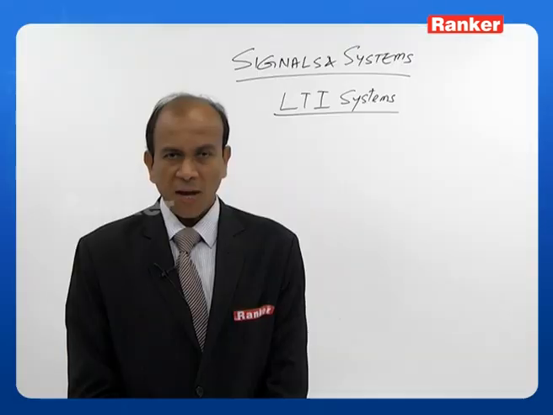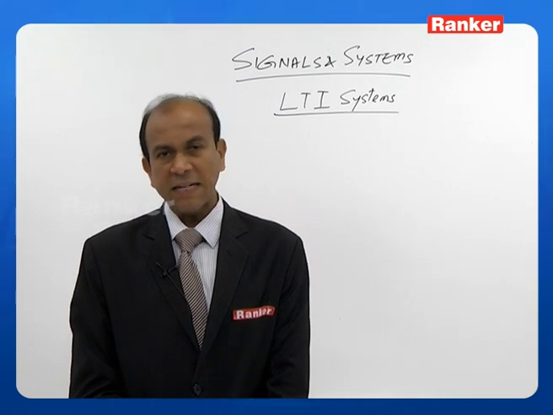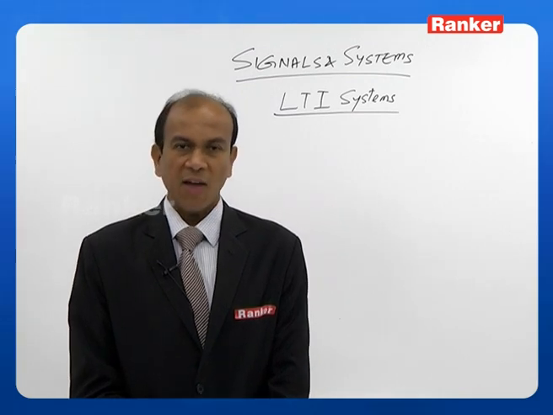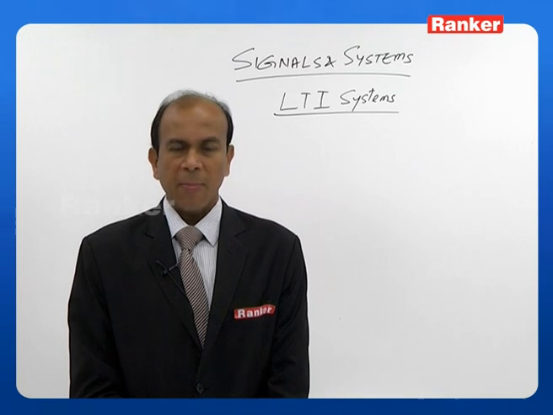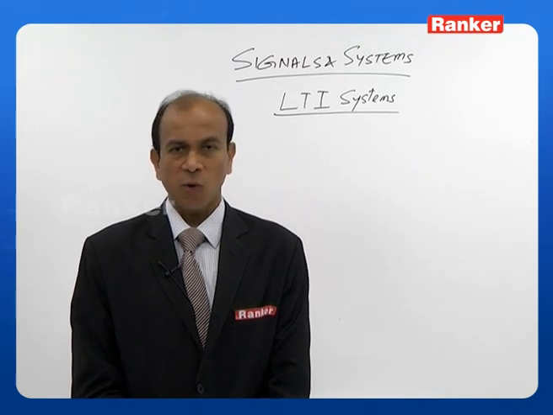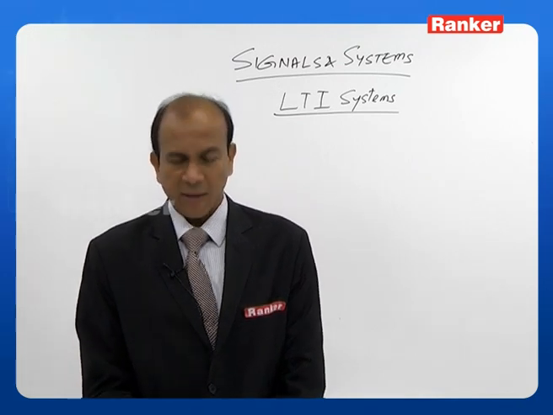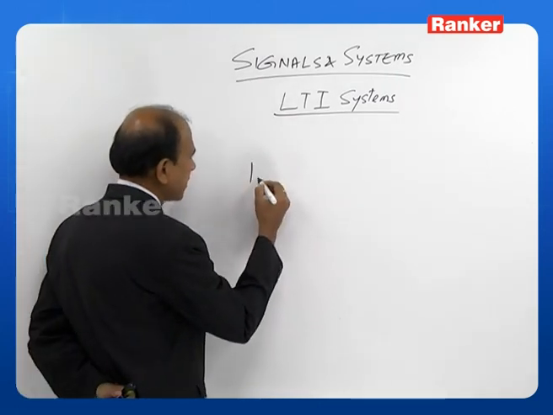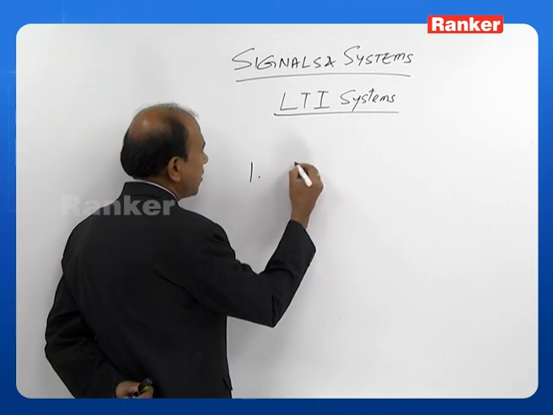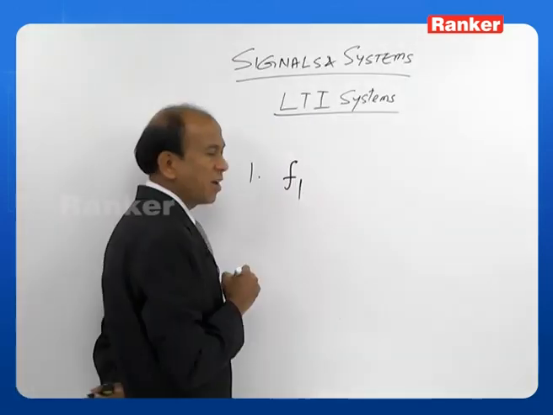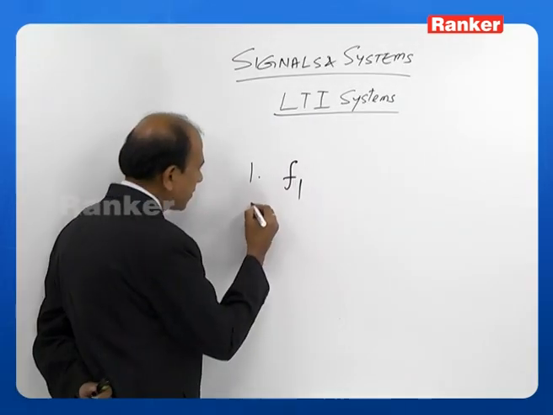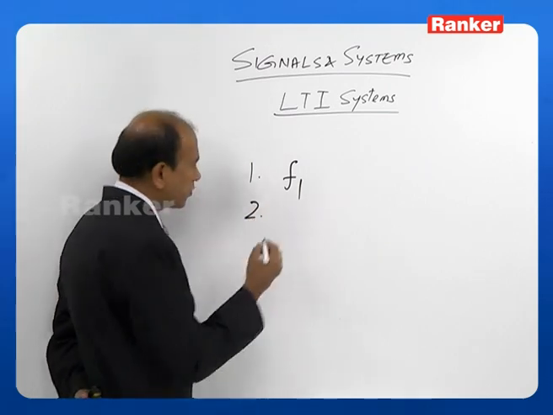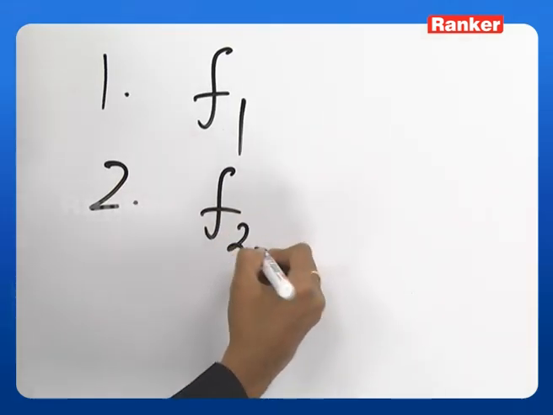That means if I add two periodic signals, the resulting signal will also be periodic if and only if the ratio of the fundamental periods is a rational number. Let us take two signals. This is my signal 1, having a fundamental frequency f1. Then let us take a second one whose fundamental frequency is f2.